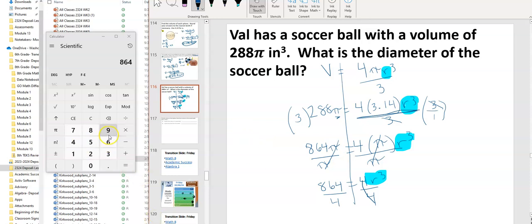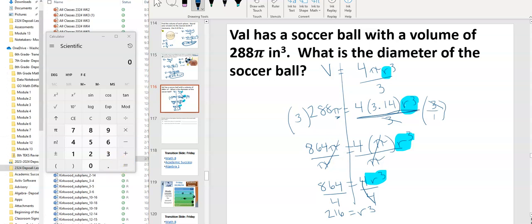Okay, so now I am going to do 864 divided by 4, and that's going to get me 216 equals r cubed. Now this is the spot where it's going to get a little different again.